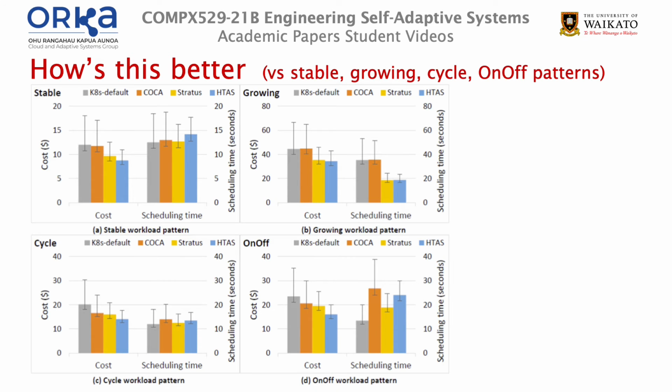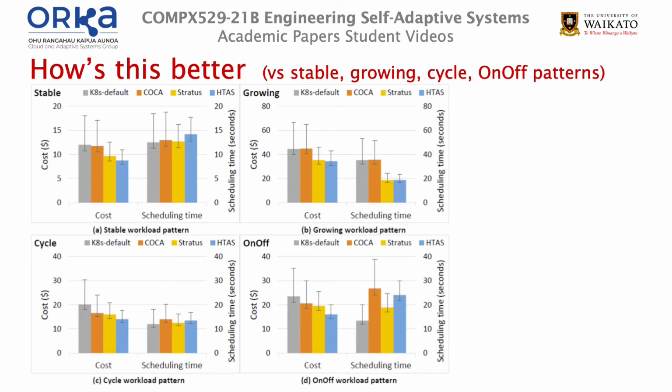How is this better? Well, the results are out. This particular paper has a lot of graphs. I've used 3 slides for these. So this is versus a stable, growing, cycle and on-off patterns of load, of requests.